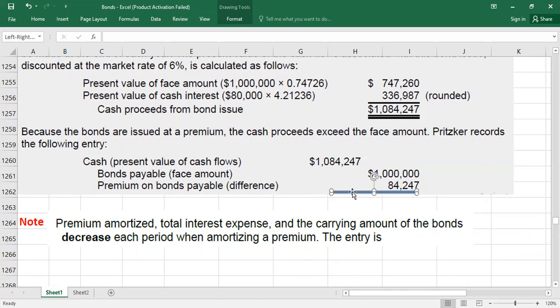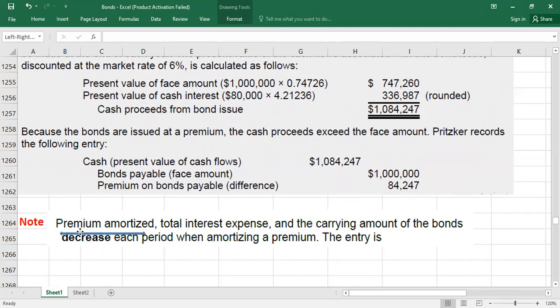$84,247. Now, as I told you, bonds will be recorded in the balance sheet at face value plus unamortized premium. Here we have a total amount of premium of 84,247. We will amortize this amount of premium over the bond's maturity life. How you will amortize, this is what we are going to talk about here.